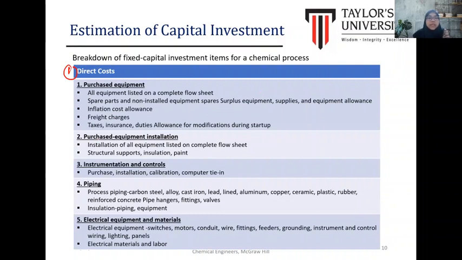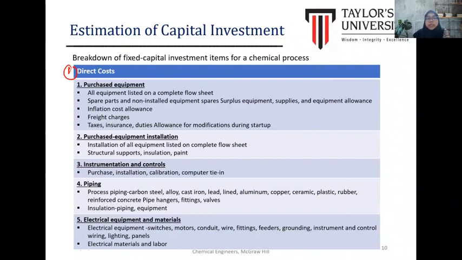And then secondly, purchase equipment installation. The installation of the equipment also should be considered in the fixed capital investment, including the structural support, installation, and painting of the equipment. Next, also considered under the direct cost is the instrumentation and control. Each equipment, especially in a chemical process plant, will be installed with instrumentation and control.